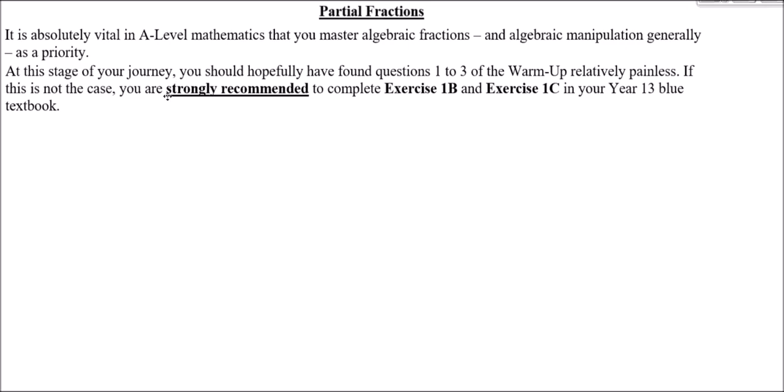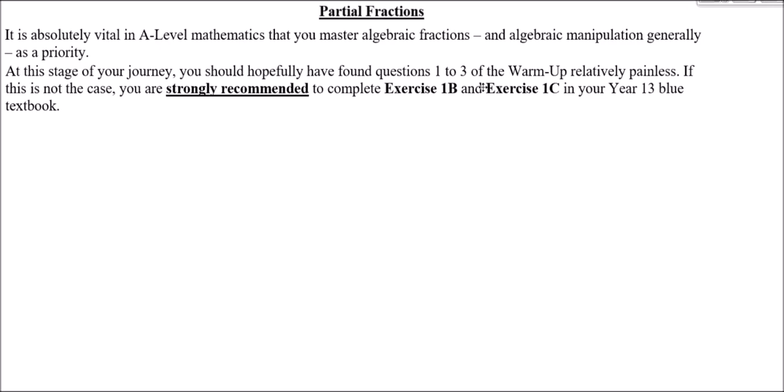If that's not the case, and I can't stress this enough, you are very strongly recommended to complete exercise 1B and exercise 1C in your year 13 blue textbook. Exercise 1B and 1C are, in my opinion, more or less a fact, I don't say this arrogantly, no more really than a recap of GCSE.